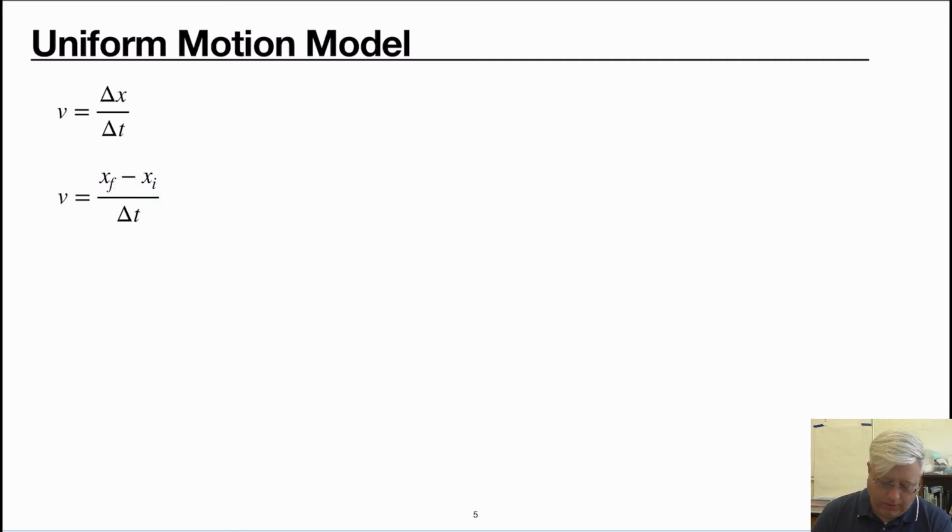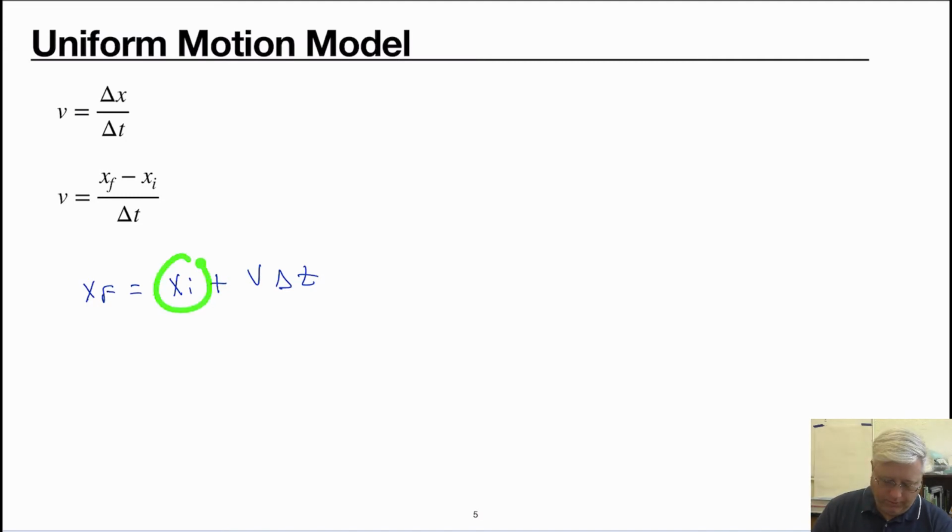And so if we want to know what the final position is of an object, say Daisy, after a certain amount of time, well, let's rearrange this algebraically and solve for x final. Okay, so x final is going to be x initial plus v delta t.